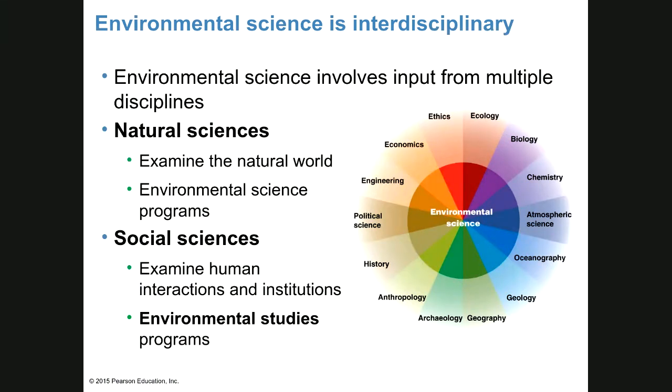So then we start to see, okay, how do some decisions like that impact human health? How about animals, plants, fungi, fish, bacteria, and earthworms that live there? So you can see that environmental science gets very involved. It gets very complicated.